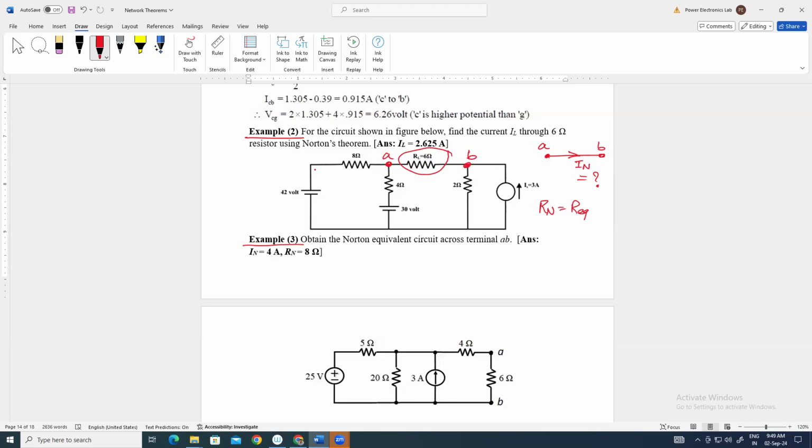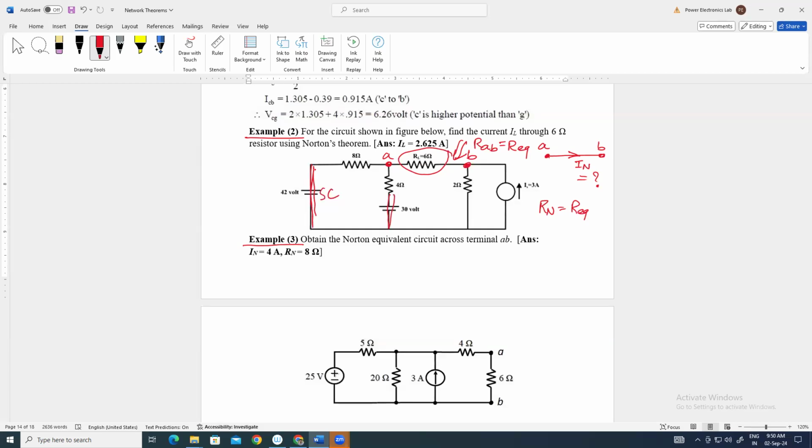In between A and B, we have to calculate the equivalent resistance, that is RAB, R equivalent, by eliminating all independent sources. You know that among independent sources, voltage sources will be short circuited and current sources will be open circuited. So this voltage source will be short circuited.